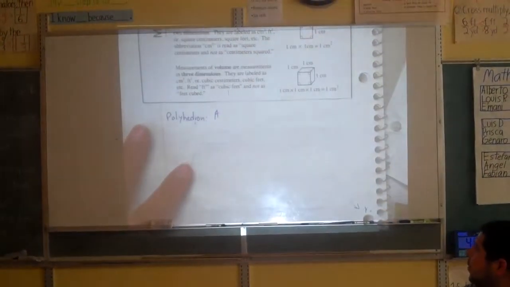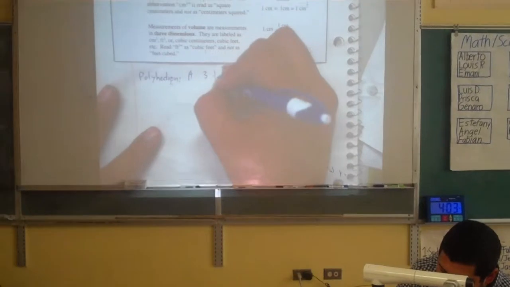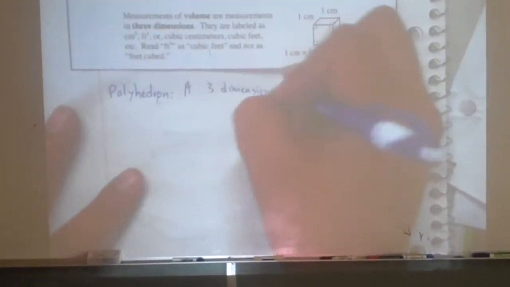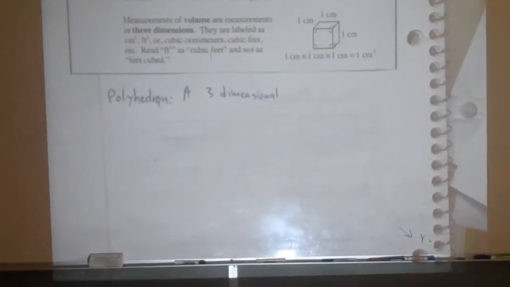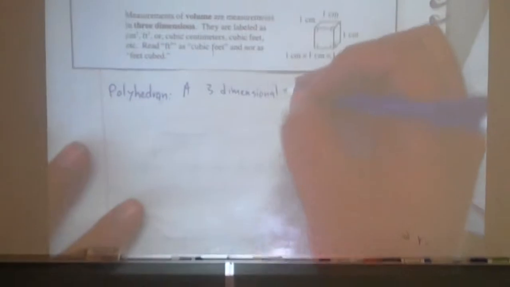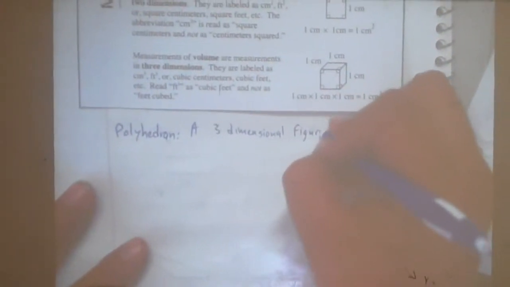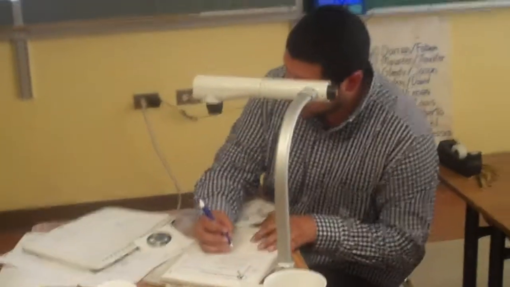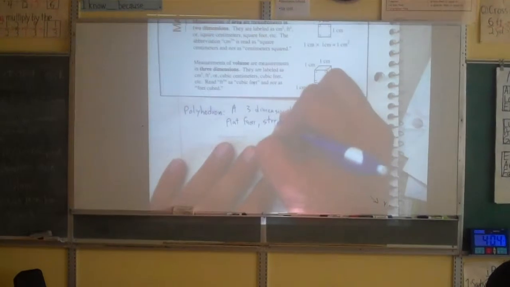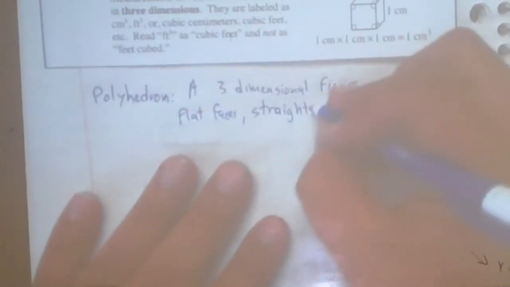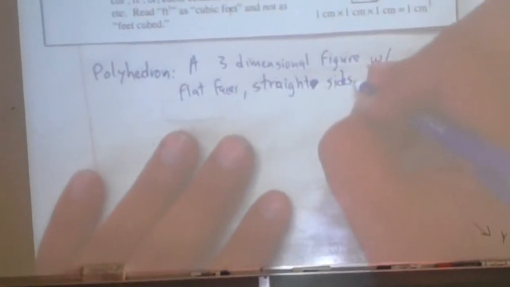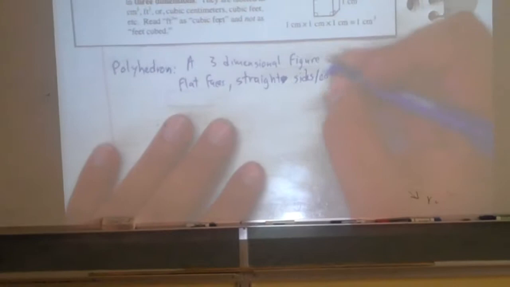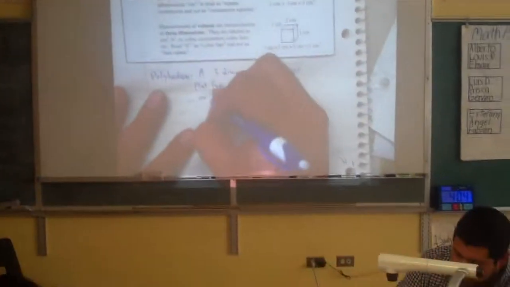So a three-dimensional figure, Alberto, eyes up here. Giancarlo, don't sing, it's distracting. Three-dimensional figure with flat faces. Okay. Straight sides or edges. And sharp corners.